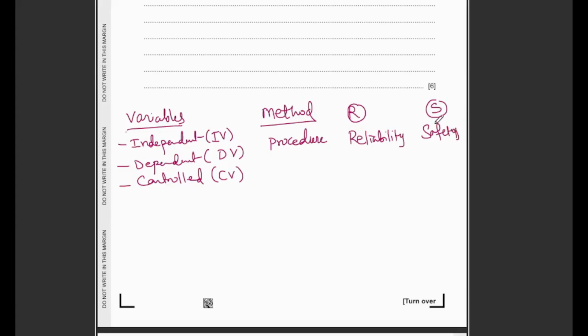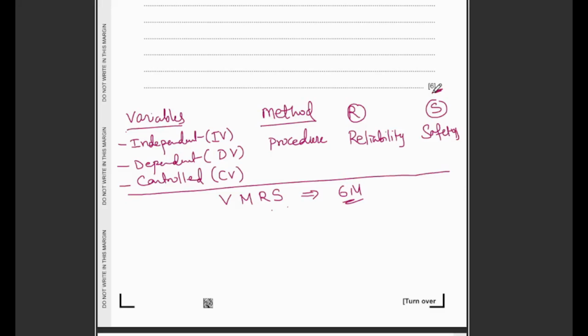So whenever you are designing or planning such kind of investigation, always remember these 4 letters: variable, method, reliability and safety. That makes VMRS. That's an acronym to remember, these are the 4 letters which can fetch you 6 marks. Remember, variable kind of questions, planning of this, are for 6 marks.